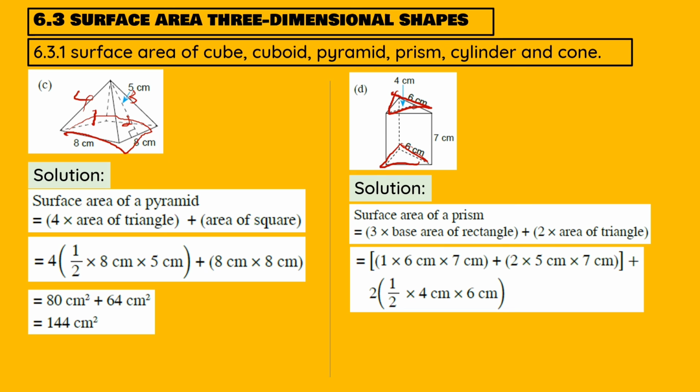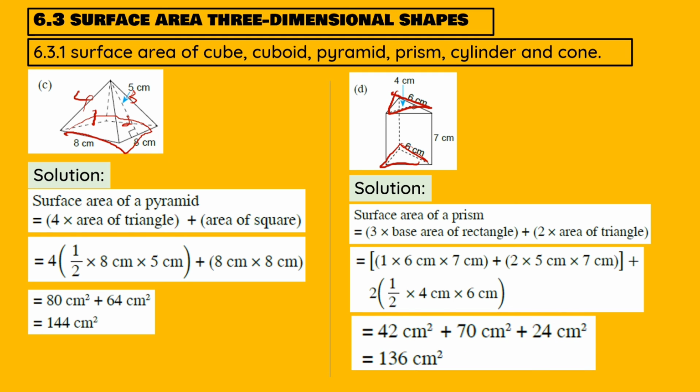The answer will be 1 times 6 times 7, the base area of a rectangle, plus 2 times 5 times 7 plus 2. Here this is the area of a triangle, 1 over 2 times 4 times 6. The answer is 136 centimeter squared.